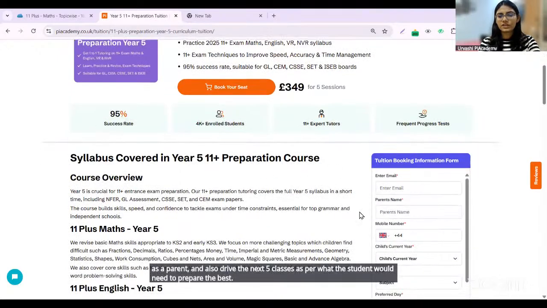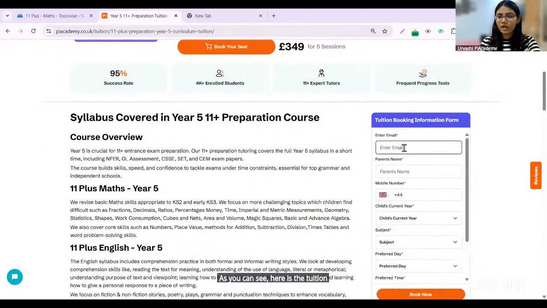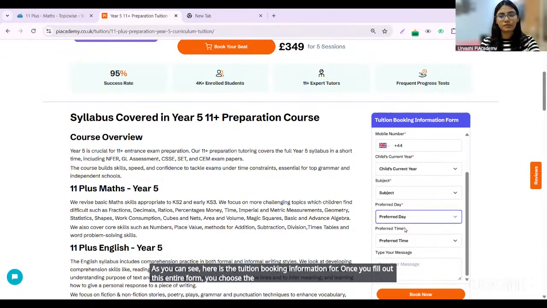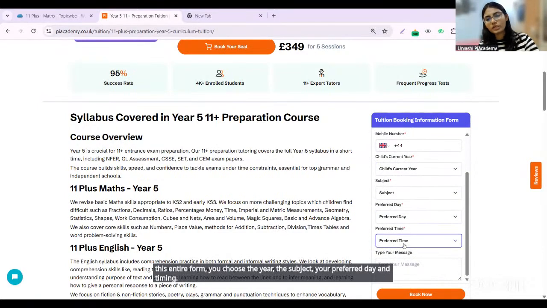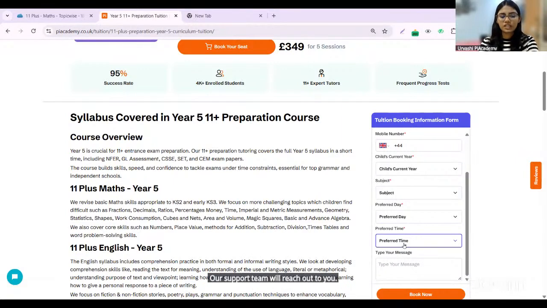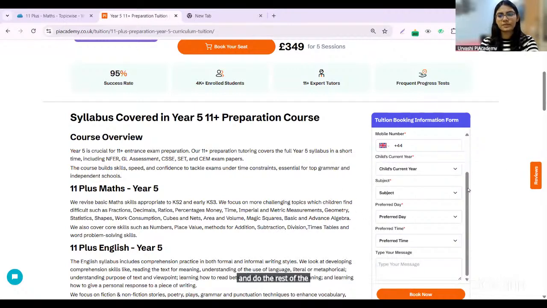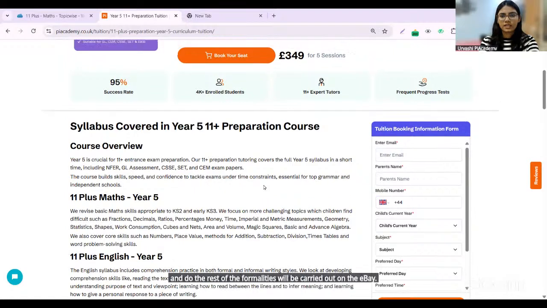As you can see, here is the tuition booking information form. Once you fill out this entire form, you choose the year, the subject, your preferred day and timing. Our support team will reach out to you within 24 hours and get the tutor aligned for you, and the rest of the formalities will be carried out on the email.